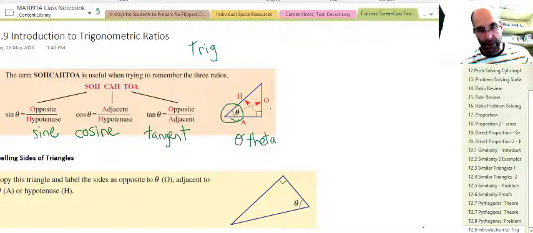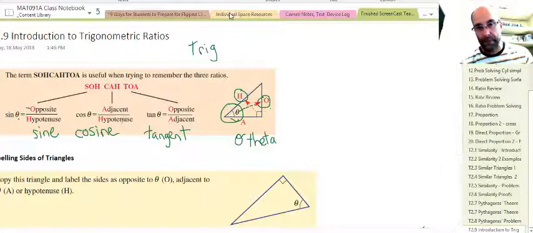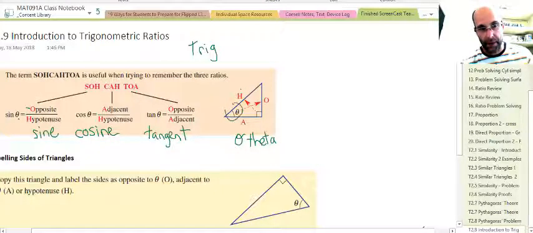If we compared starting from the angle, the opposite and the hypotenuse, we would have the sine of that angle using the sine ratio. It's written over here on the left. Again, starting at the angle, if we compared the adjacent side to the hypotenuse, the length of the adjacent side divided by the length of the hypotenuse, we would have the cosine of that angle, or cos theta, we say.